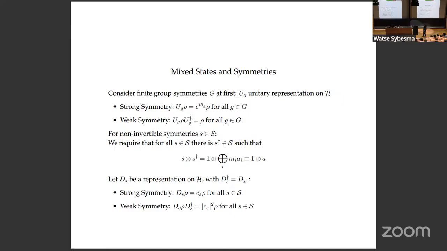Then you can write the strong and weak symmetry as a statement about acting on the left with this, or you conjugate, and you get phases in both. Here a phase and here the modulus of that phase. Okay, so that's the kind of structure whose phases we would now like to study.